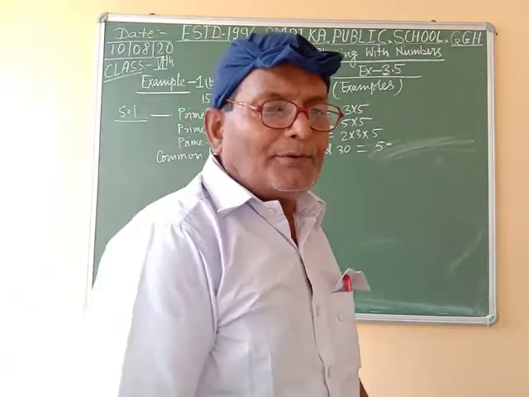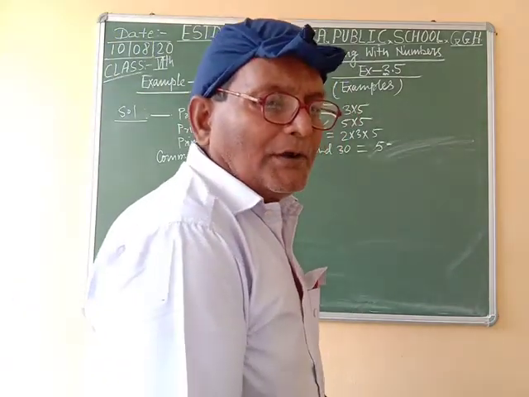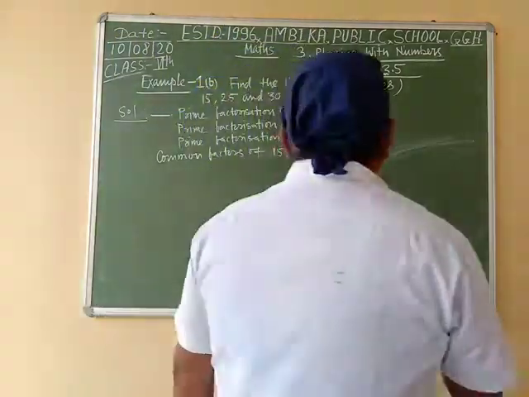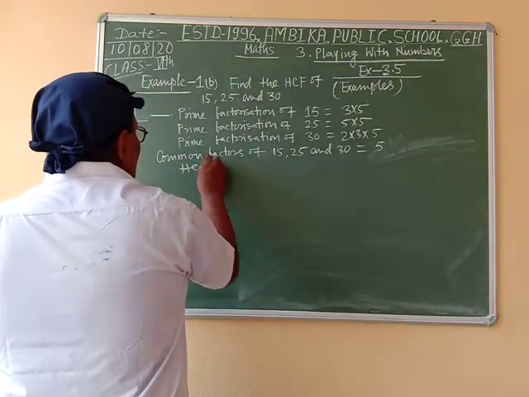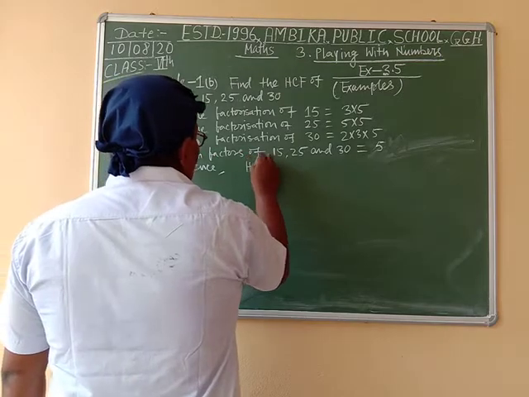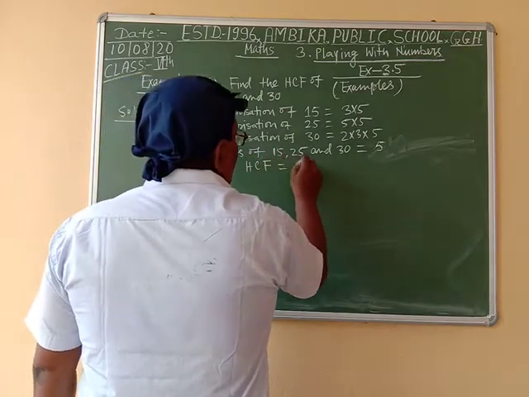Hence the HCF of 15, 25 and 30 is equal to 5.